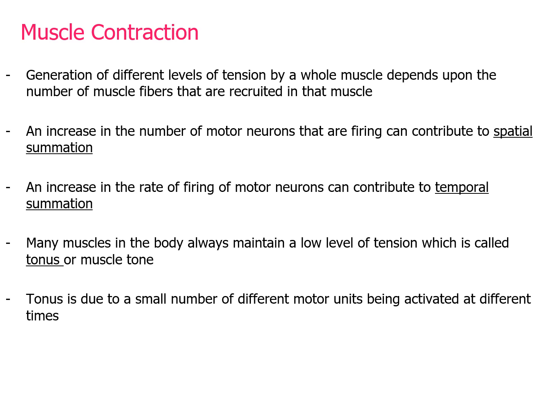And neither of those is possible if the muscle was fully contracted all the time or fully relaxed all the time. So a lot of muscle tissue in the body is undergoing a low level of tension at all times, and that's called muscle tone or tonus. It's due to a small number of motor units being activated, regularly activated at different times.